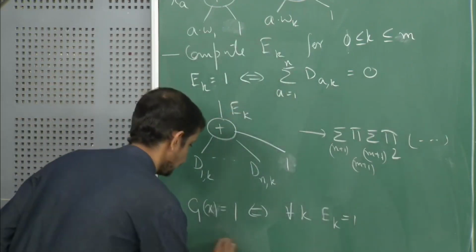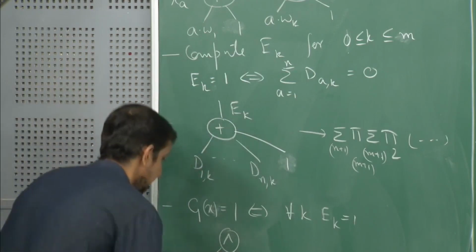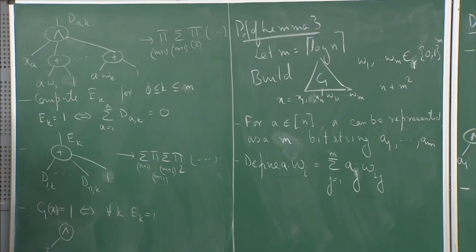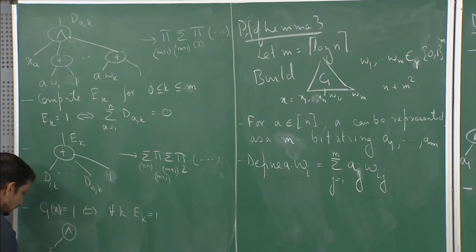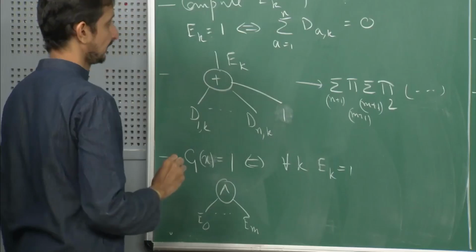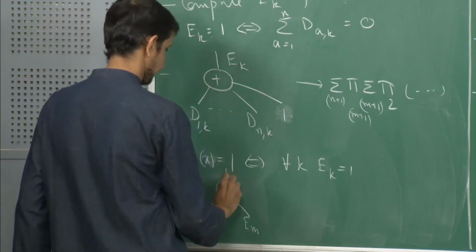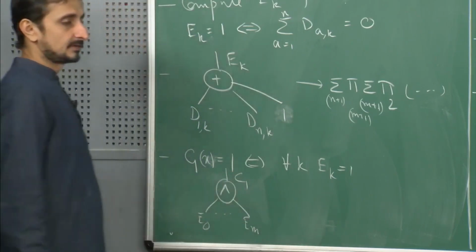So, to get this I will have an AND gate which takes as input E0 up to EM, and that is the output of C1.